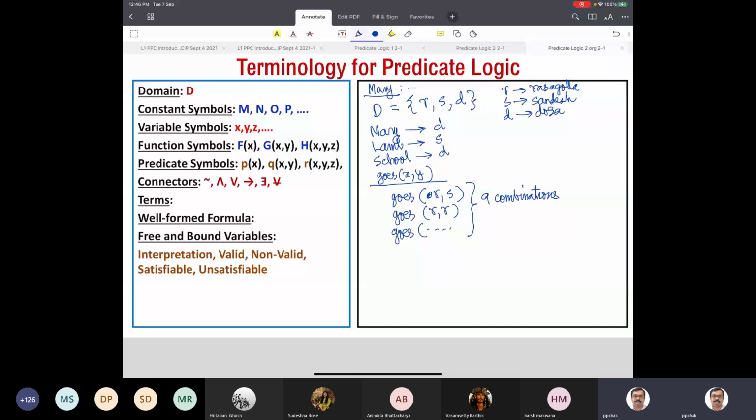Let us for the time being, for these 9 combinations, choose a combination and say that goes(X, Y) is equal to true if X is equal to Y, and equal to false if X is not equal to Y. Let us say we have chosen this. We can choose whatever we want.